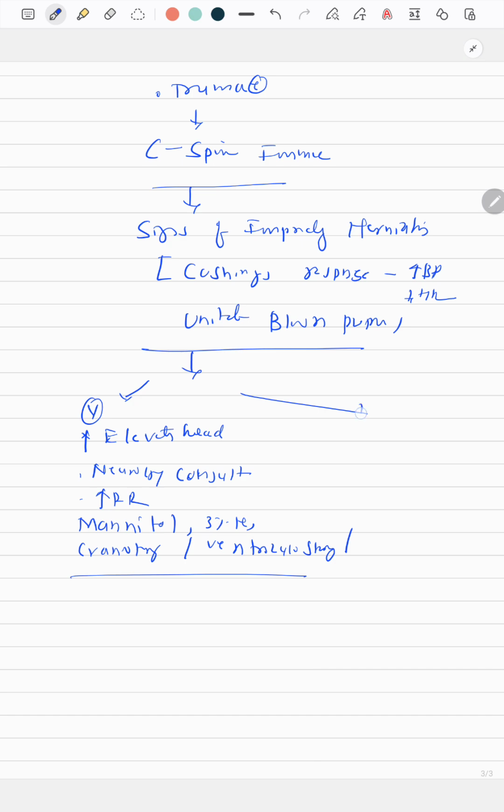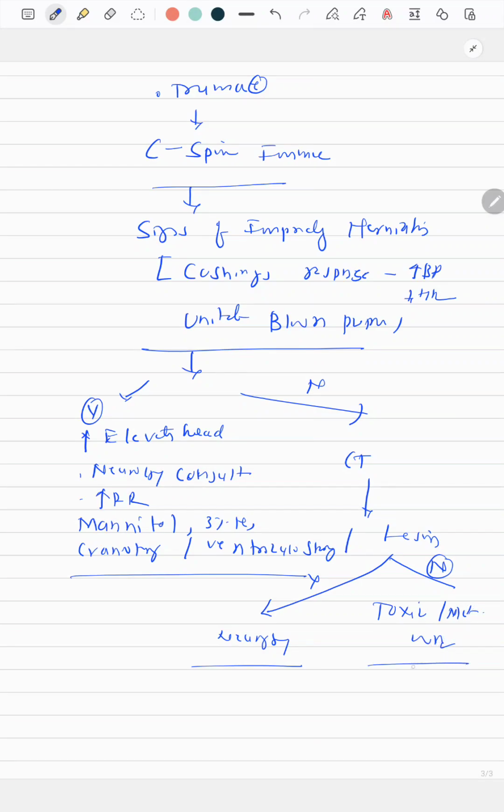If there are no signs of herniation, you should do a CT. Then if any lesion is there, again neurosurgery consultation should be done. Or if there is no lesion, again you should go for toxic or metabolic workup as said previously.